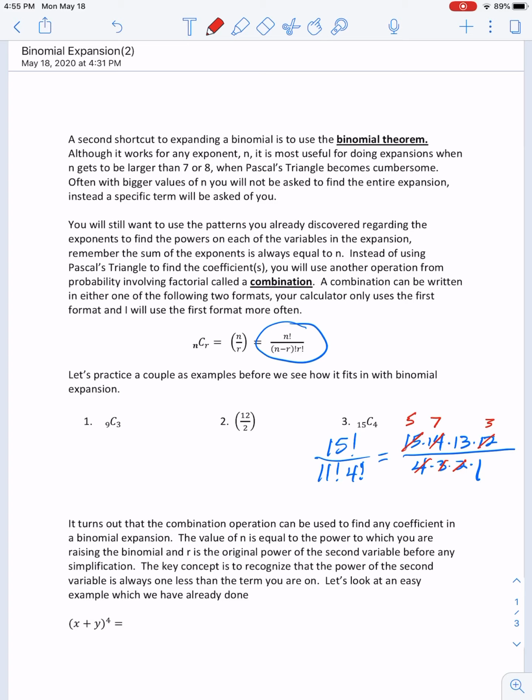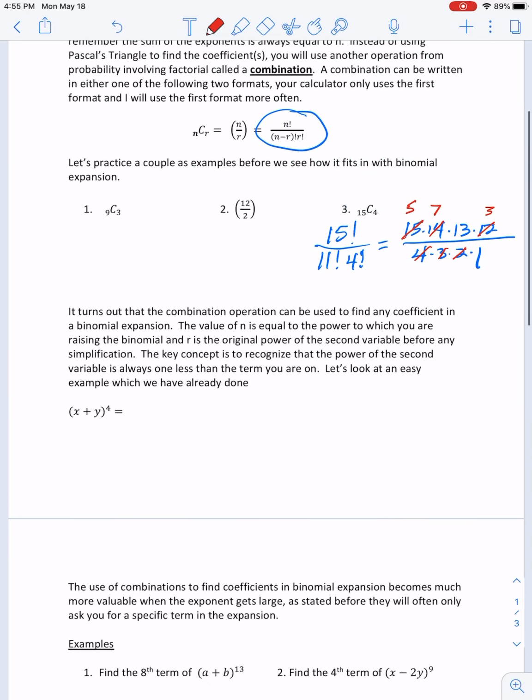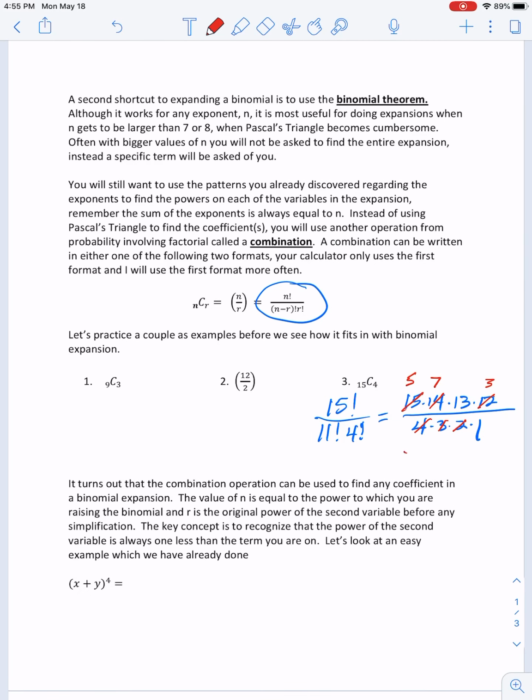I still have to kind of figure out what those 4 numbers multiplied together are, but it can be something like 5 times 7 is 35, and 3 times 13 is 39. So you're going to have 35 times 39.